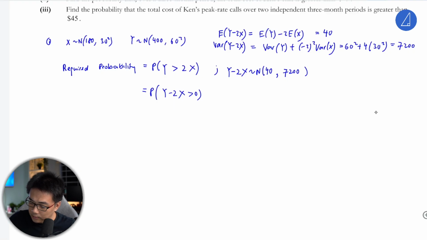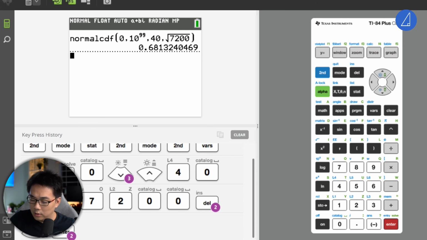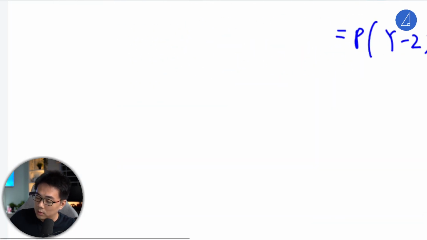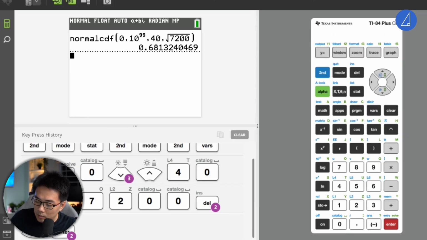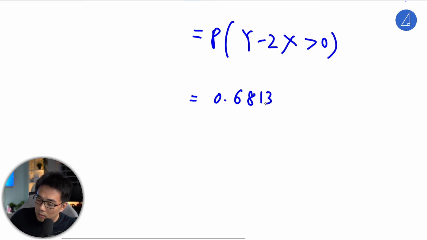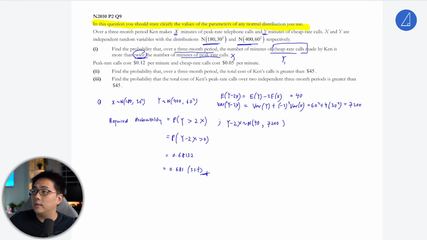Remember the standard deviation is the root of 7200, just paste it. The answer is 0.68132. All right, that's how we do this.